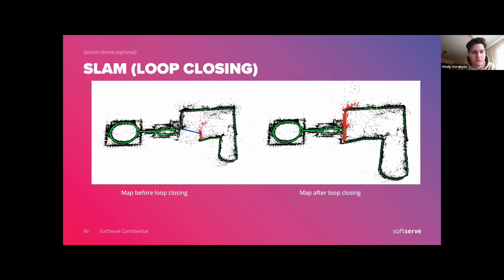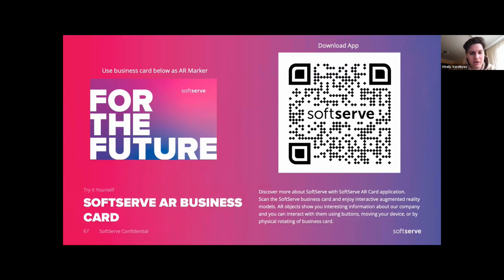And so, yeah, that's all for the SLAM algorithm. And now let's move to the final part of our presentation. In this part, you can actually try the augmented reality by yourself. Here you can see a QR code on the right side of the presentation. You can scan it and be redirected to our corporate website, where you can download our internal application, which is named SoftServe AR Business Card.